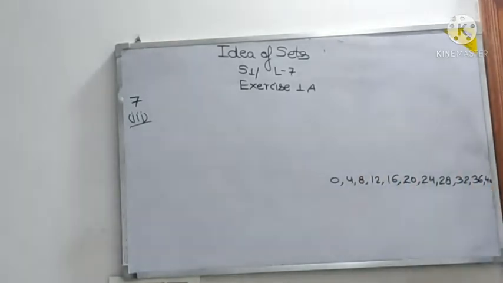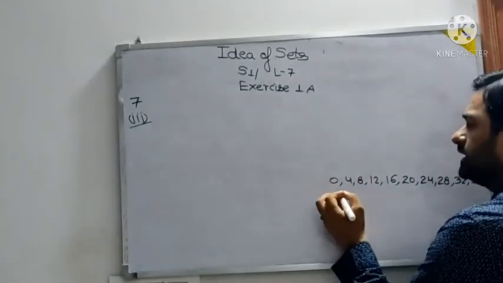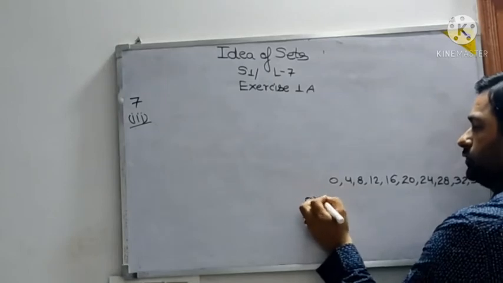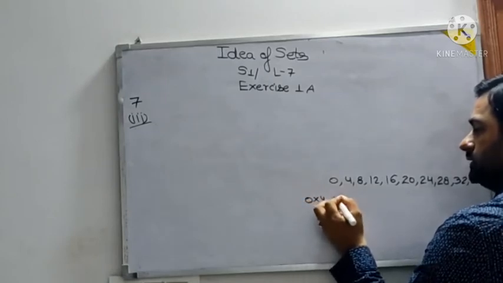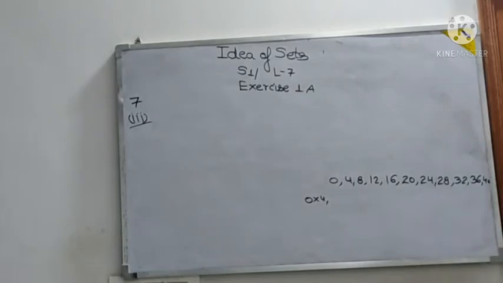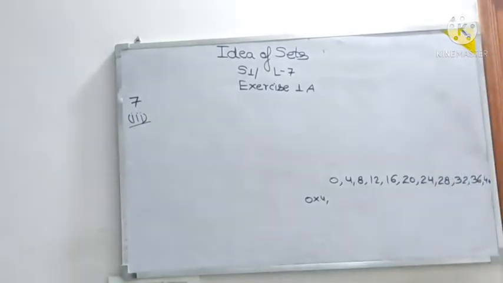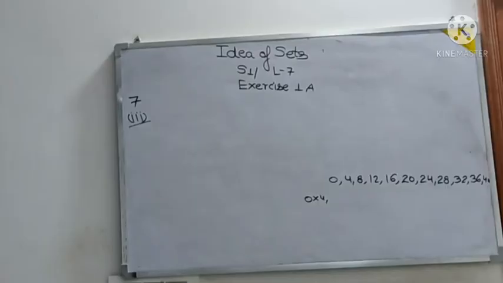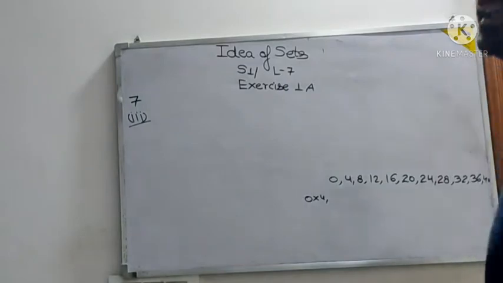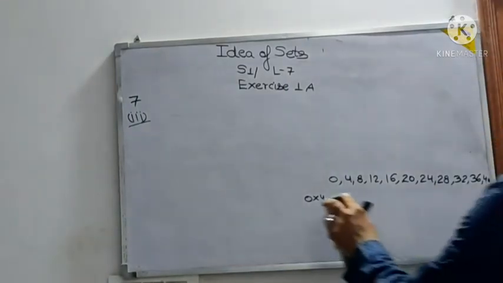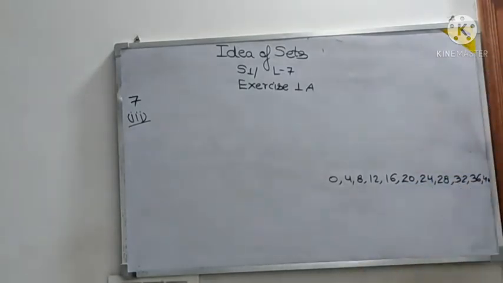But how do you get the 0? Now see, 0 into 4, or you can say 4 into 0, sorry. 4 into 0. Now see, let's decode the pattern. That pattern is already decoded only. Nothing more is there in this. This should be understood by you easily.